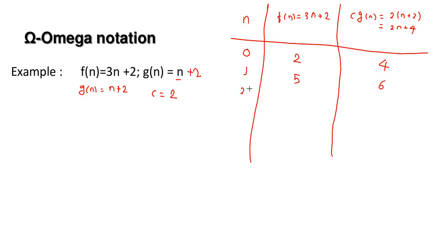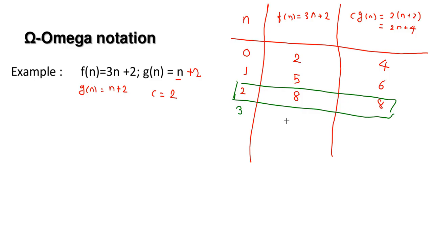For n equal to 2, we get f of n equal to 3 into 2, that is 6 plus 2, 8, and 2n plus 4 is 4 plus 4, 8. So at this point, f of n is equal to c into g of n. Now let's go ahead with further values.